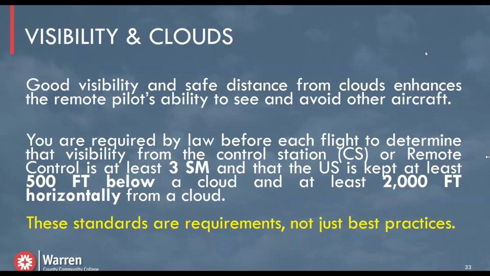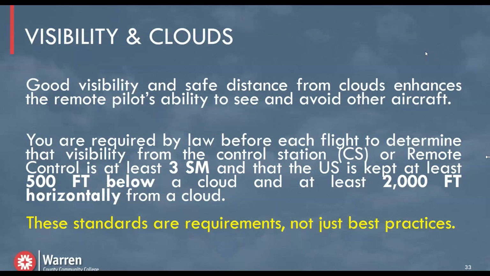These tend to be standards that are used for many answers. So you want to stay 2,000 feet from guy wires. You want to say 2,000 feet horizontally from a storm coming in, but always 500 feet below a cloud.